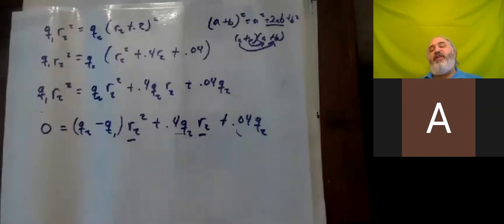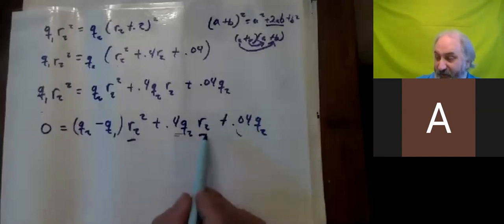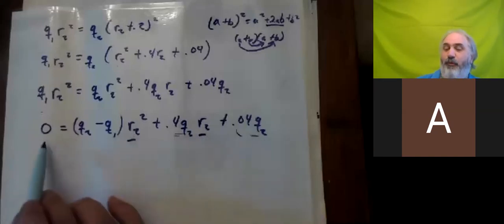What kind of equation is this? Looking for a very specific kind of equation that you learned about in algebra class a million zillion years ago, where you've got something x squared plus something x plus something equals 0.